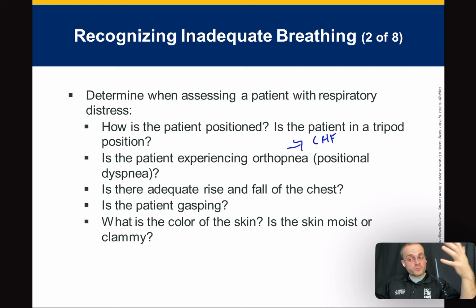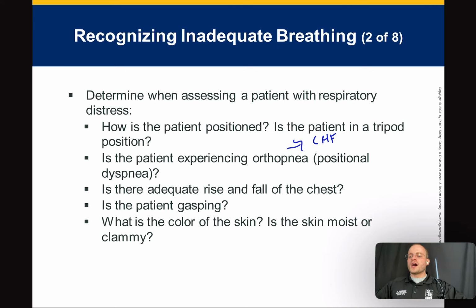Now, is there adequate rise and fall of the chest? Okay, this is something that we have to assess. Is the patient gasping? Remember, gasping respirations can mimic or can be agonal respirations. So if someone's breathing like this, right, that's agonal respirations. By the way, I look like a fool for these videos sometimes mimicking patients, but I do it for you. So is the patient gasping?